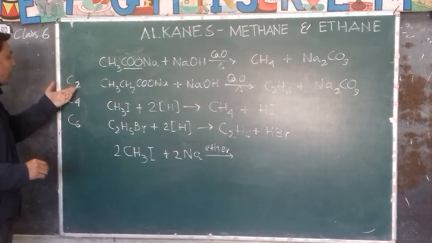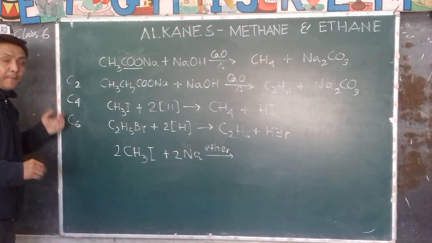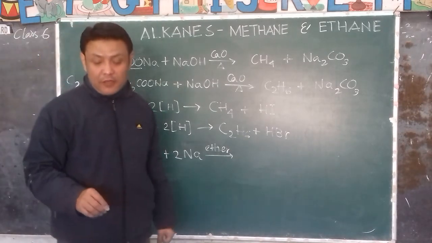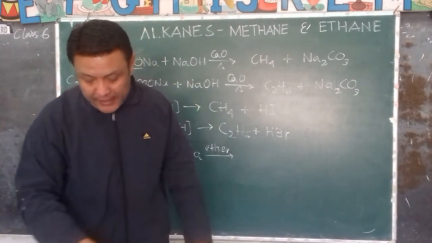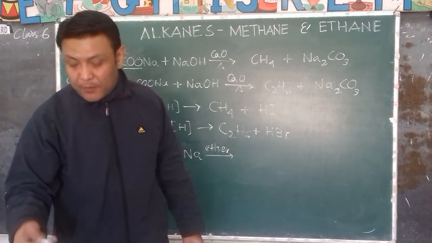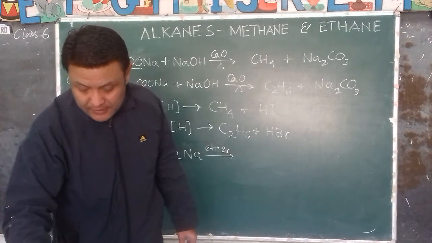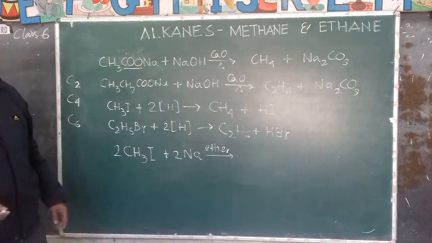Hydrocarbons containing 2 atoms of carbon, 4 atoms of carbon, or 6 atoms of carbon. So this is called the Wurtz reaction. The Wurtz reaction is most suitable for preparation of alkanes with even carbons, and is not suitable for the preparation of hydrocarbons with an odd number of carbon atoms.